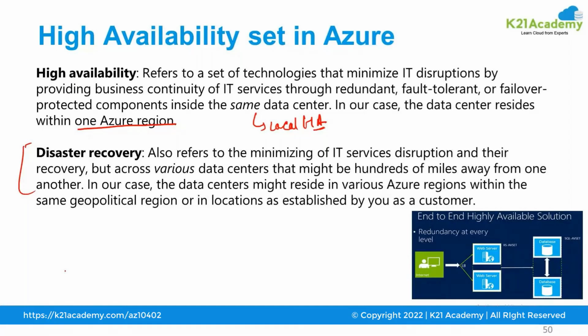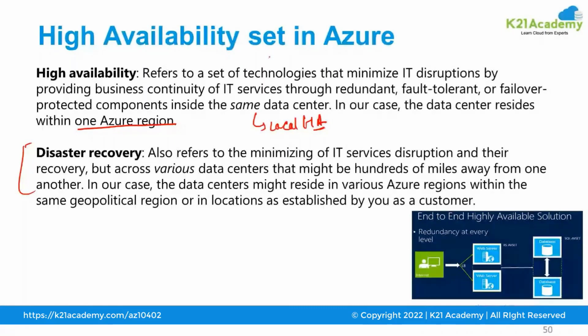In our case, data centers might reside in various regions within the same geopolitical region. When they are talking about the same geopolitical region, they are talking about the Asia continent, the Europe continent, or the complete America or USA continent, right? In locations established by your customer. So that is what we are discussing.